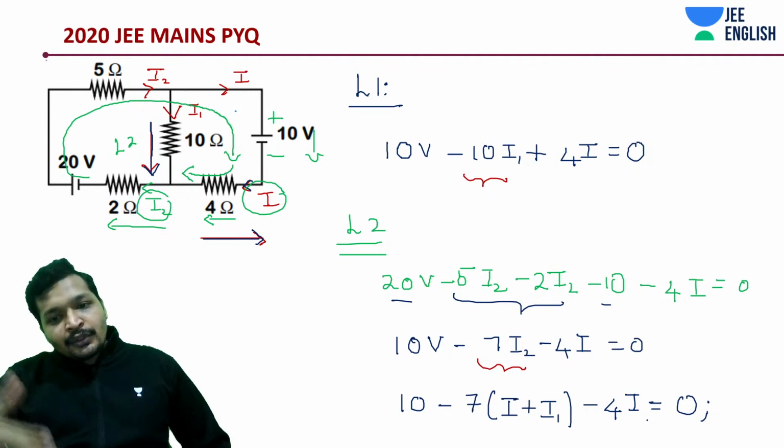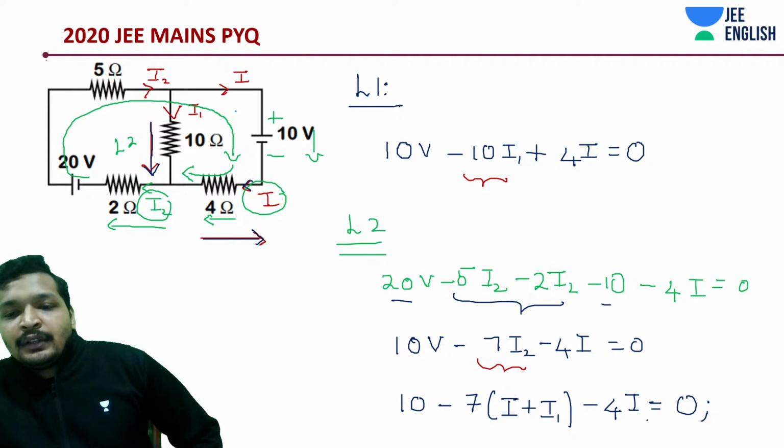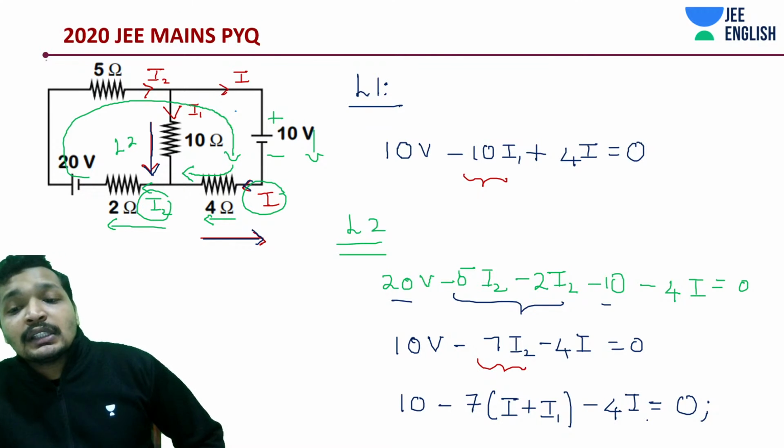If you add them both, you can actually eliminate I, but that is not our objective. Our objective is I, so go for the thing that you want to deal with.